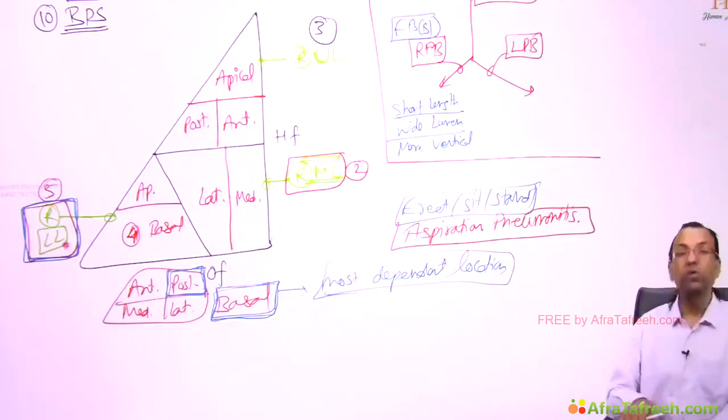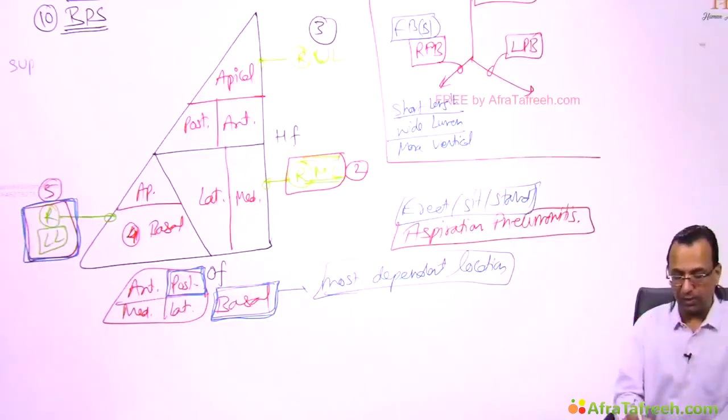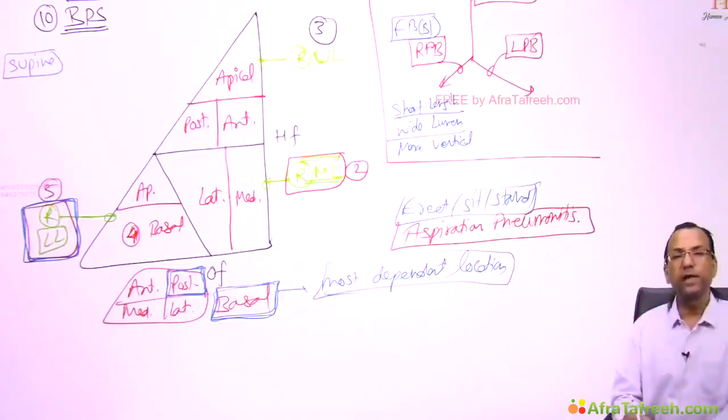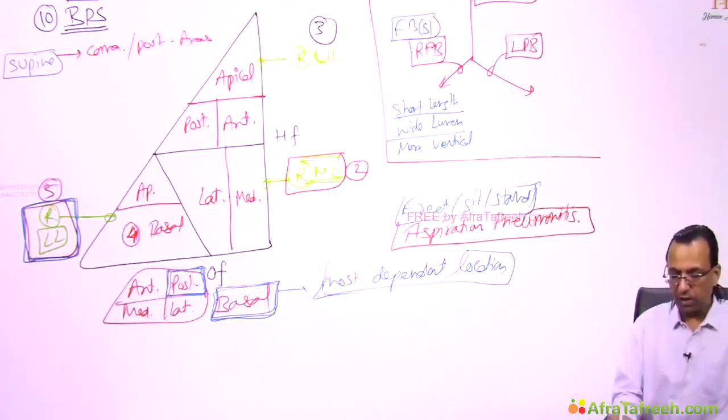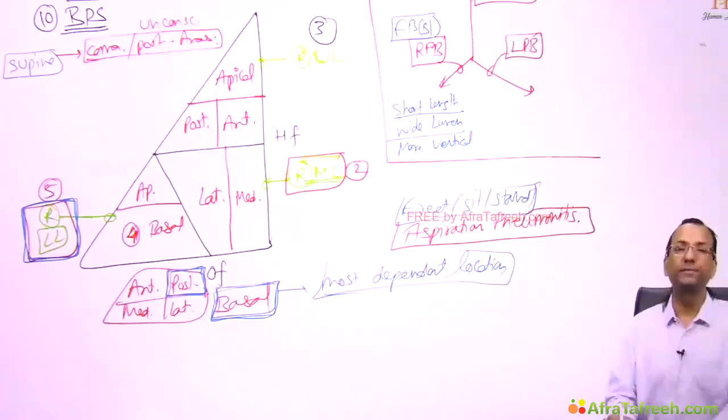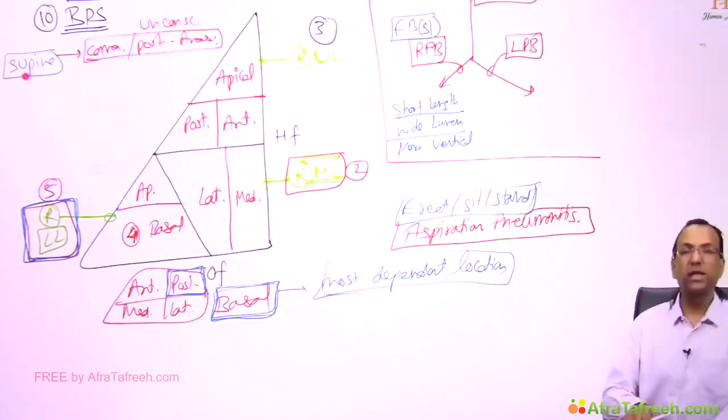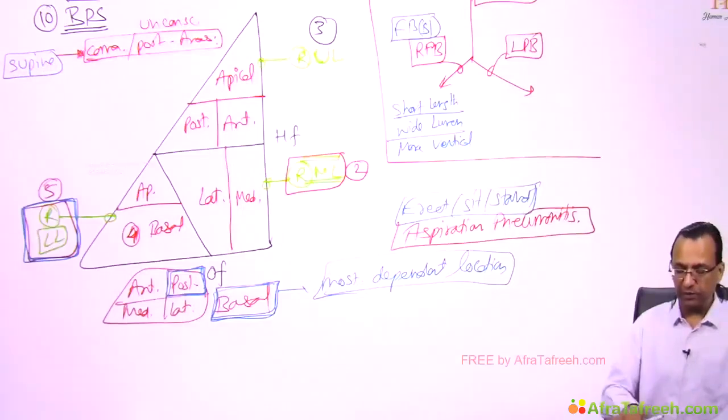Now understand that most aspiration actually occurs in supine posture. Why? Because these are coma patients or post-anesthesia recovery patients. They are unconscious and they can aspirate, and you keep them in supine posture.